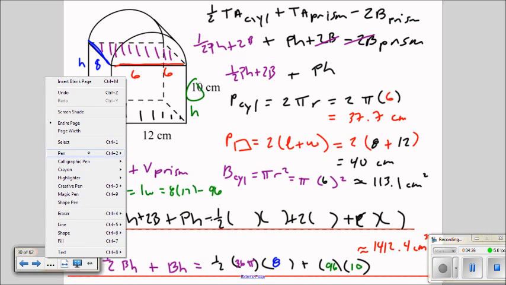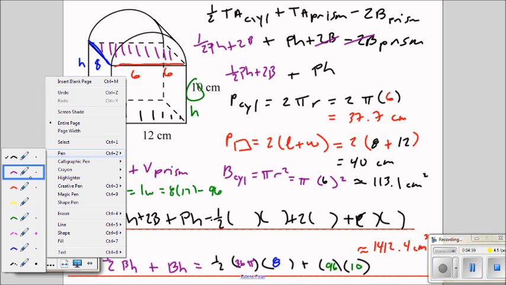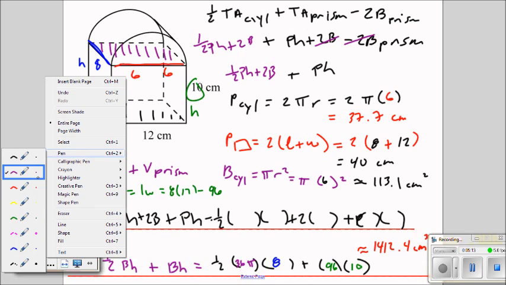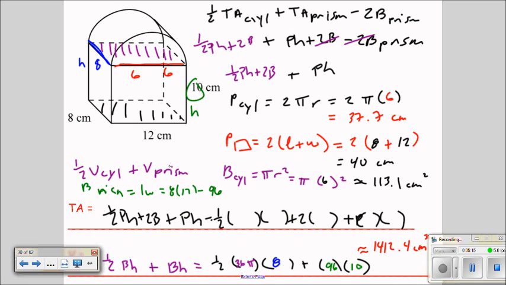Alright, to find the perimeter of a cylinder, you're finding the circumference. And we found the circumference by taking 2 times pi times the radius. The radius was 6 because, as you can see, the diameter of our circular base is 12, so that means the radius is 6. So when you plug in to the calculator 2 times pi times 6, you would get roughly 37.7, but I think I want to leave it as 12 pi.